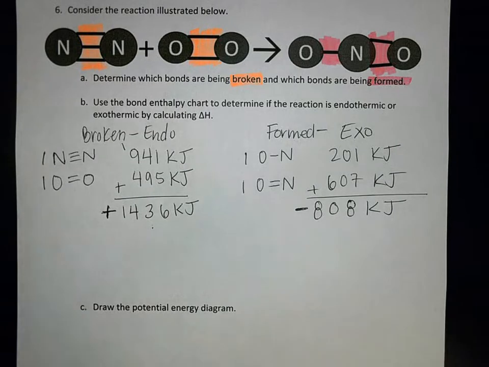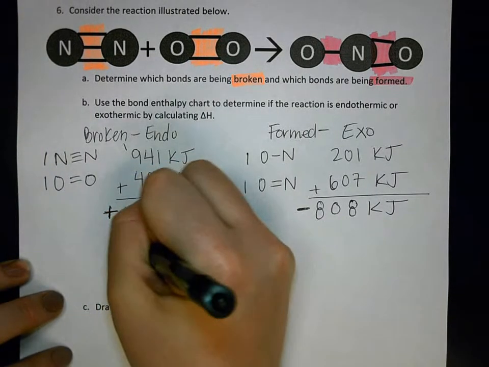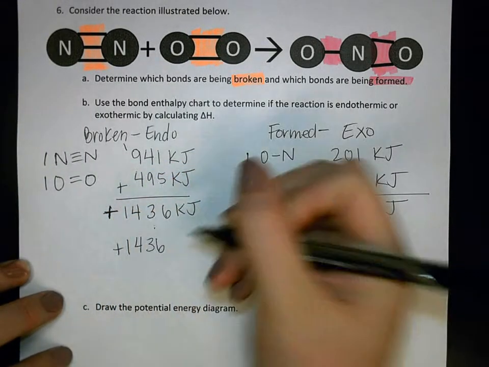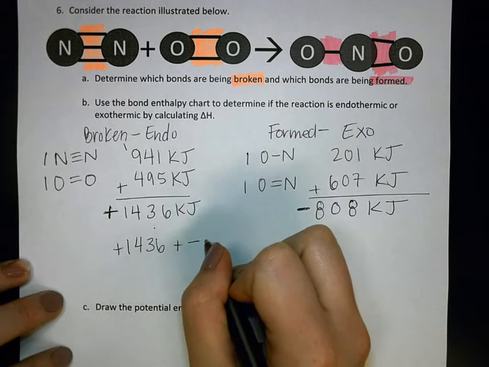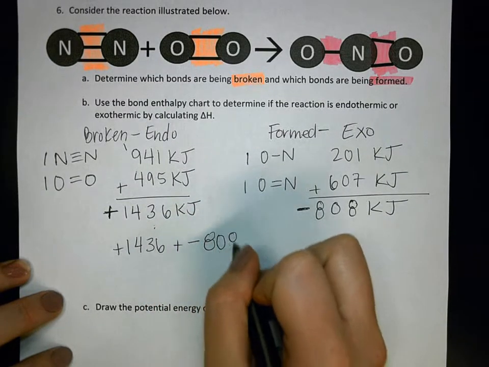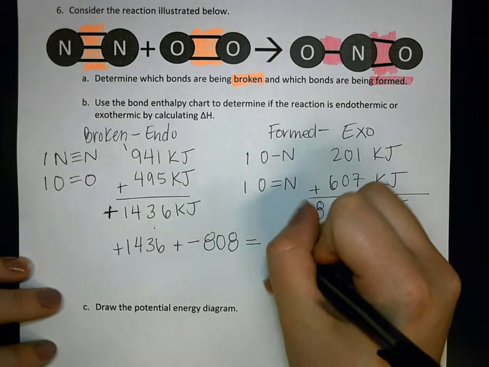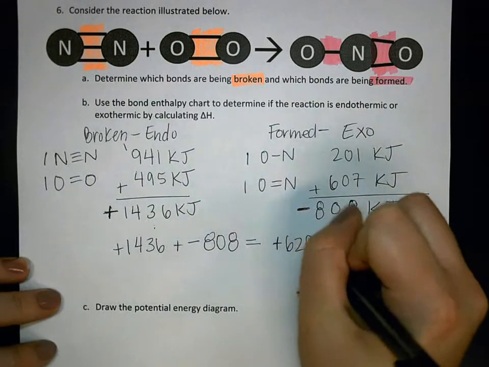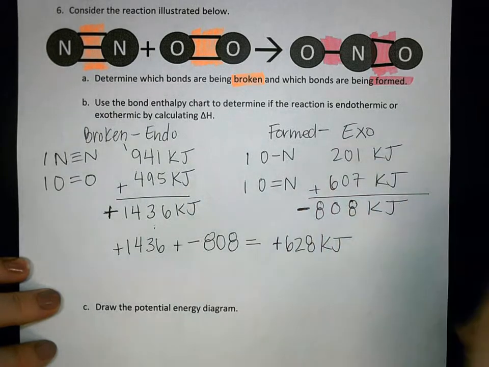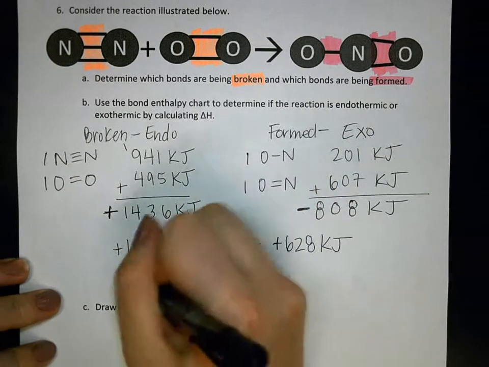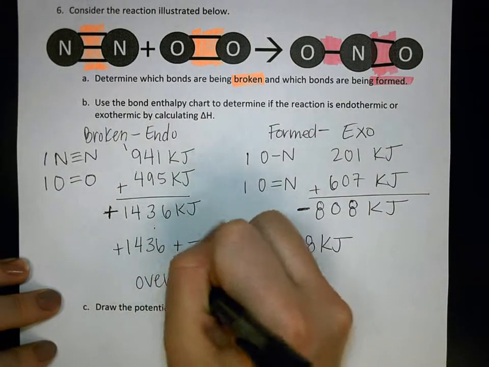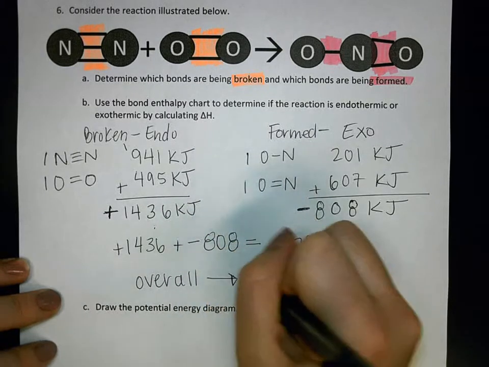So whenever we add these two numbers together, we see that the endothermic part is going to be bigger than the exothermic part. So whenever I add these together, I know I'm going to get a positive number. I get positive 628 kilojoules. So because this number is positive, overall, this reaction is endothermic.